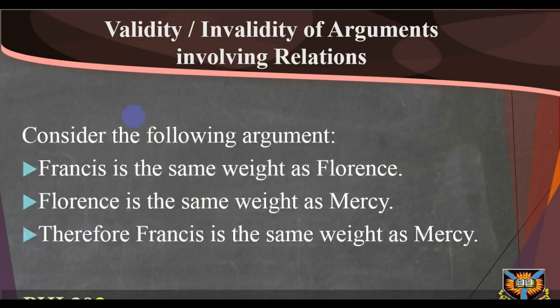Consider the following argument. Francis is the same weight as Florence. Florence is the same weight as Messi. Therefore, Francis is the same weight as Messi. In this example, the relational term is has the same weight as.